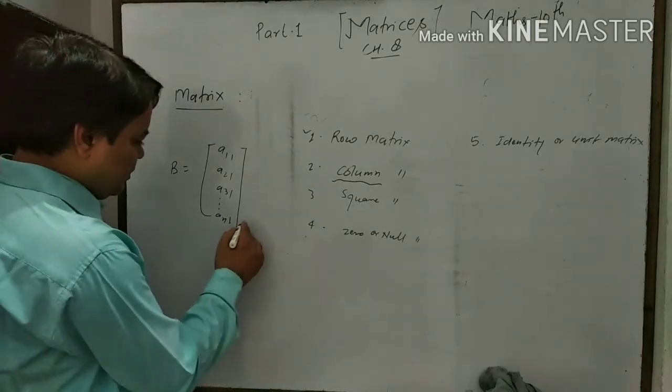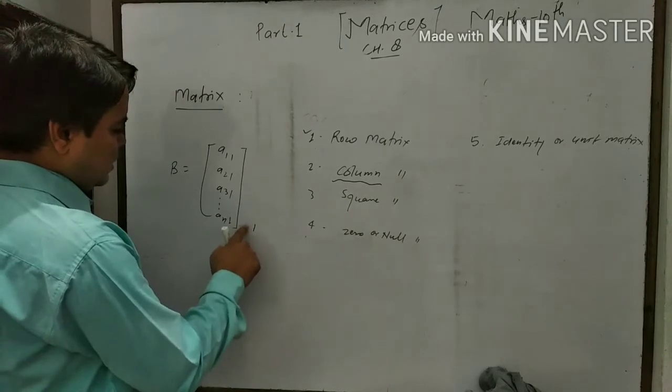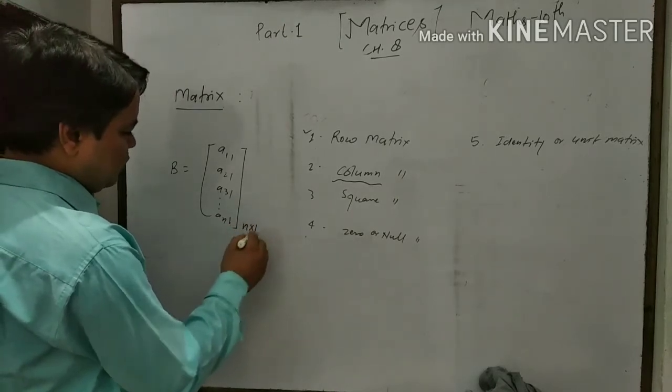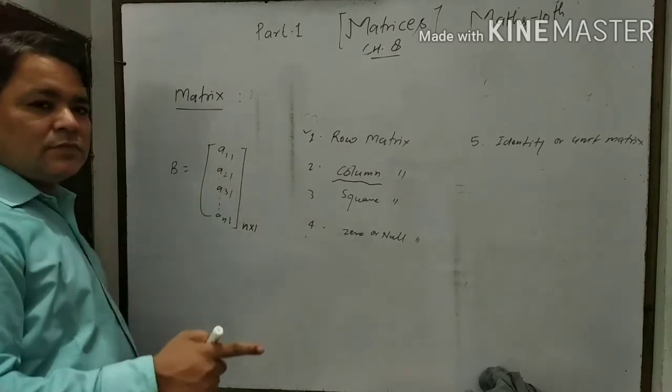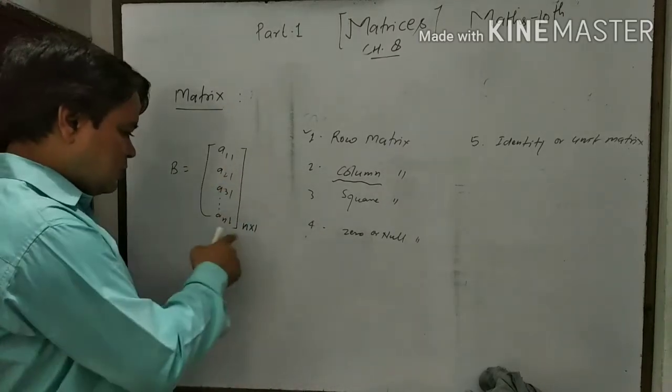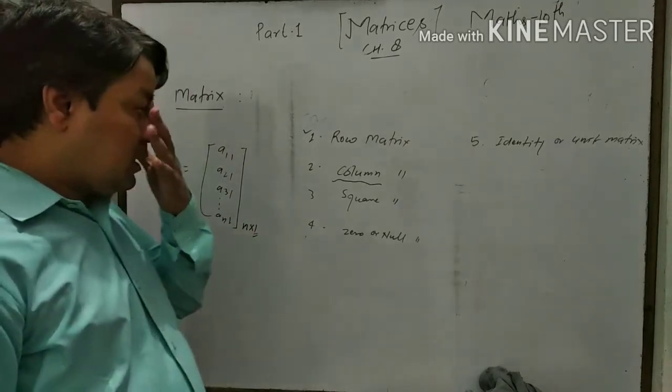Then its order will be n by 1. Yes, n by 1. The number of rows is not fixed, but the number of columns is fixed, that is 1. This is the column matrix.